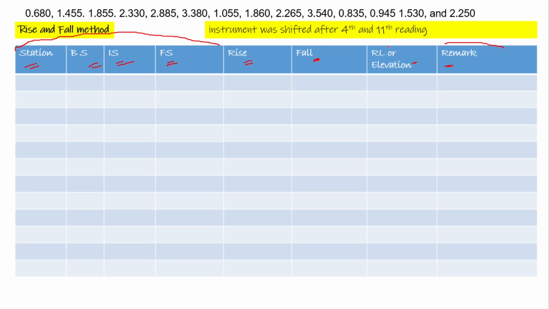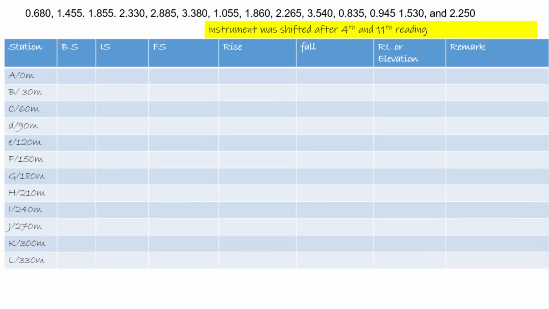So RL will be a calculation part and rise and fall will be the new thing. We will start to fill this data. The fourth point is your change point. First of all, stations are there, and these are your readings.